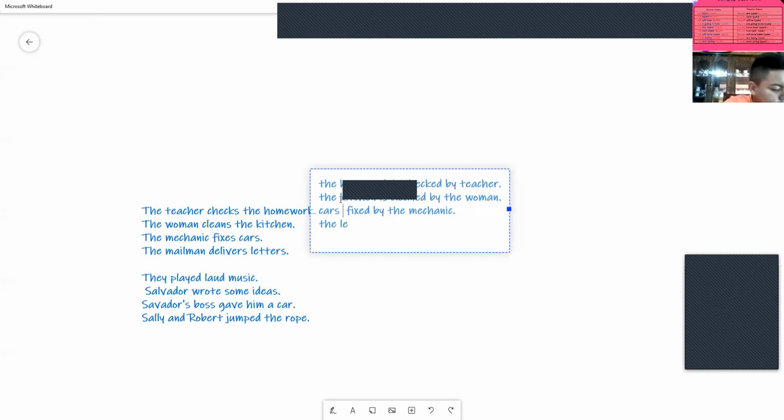Mira. Sí, you erase it. Singular or plural? Singular. No. Acuérdate que es, ah, no, es plural. Cars.